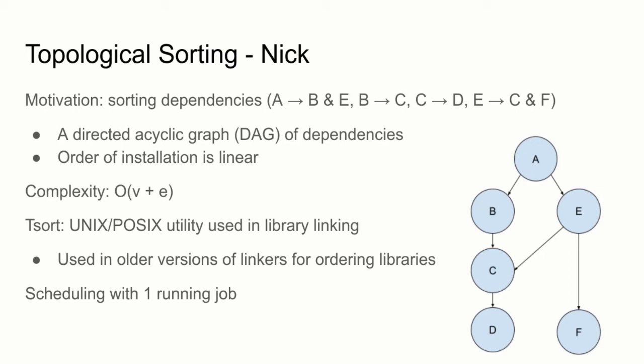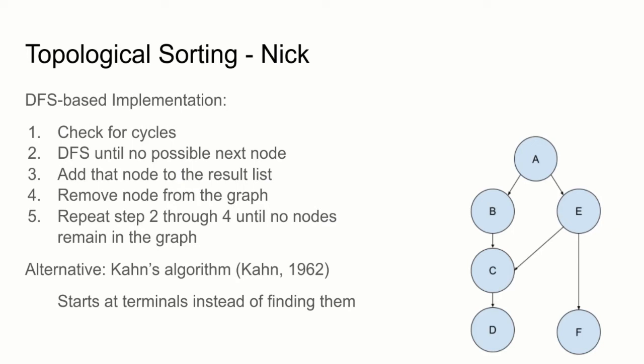So to discuss the implementation of topological sort, there are two common implementations. You have a depth first search based one, which first checks for cycles, then does a depth first search until there is no possible next node. Because we know that it doesn't have cycles, we can say that depth first search will always end up in some terminal node.